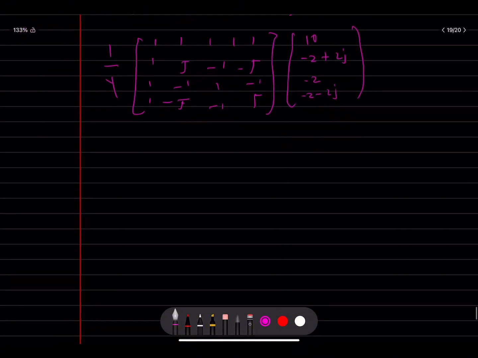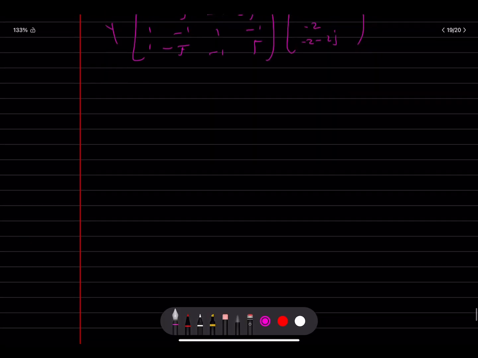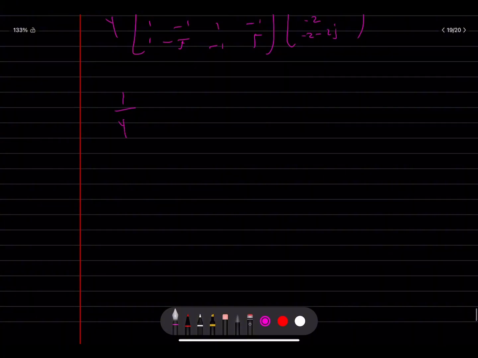With this, when you do the computation, you are supposed to get 1 over 4. You can just use your calculator to punch it straight away and write your answer. So you're going to get 10 plus negative 2 plus 2j minus 2 minus 2 minus 2j.